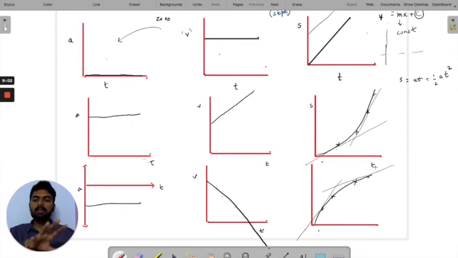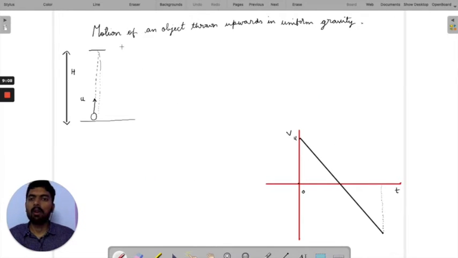So let's take this understanding and apply it to a simple example problem here. As we know from the last part of the graph, the motion of an object thrown upwards in uniform gravity has to be a v versus t represented like this, right? Let's use this knowledge here and find out certain things.